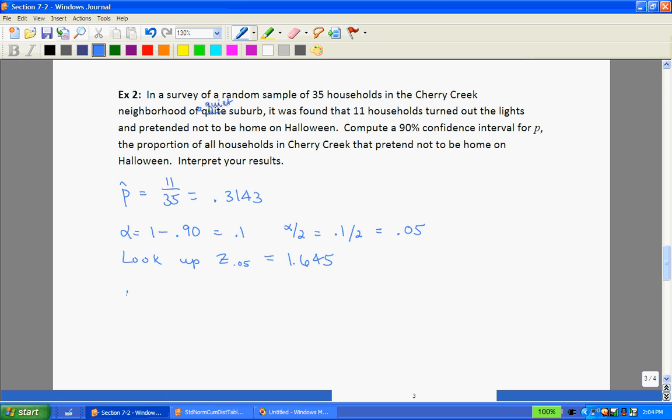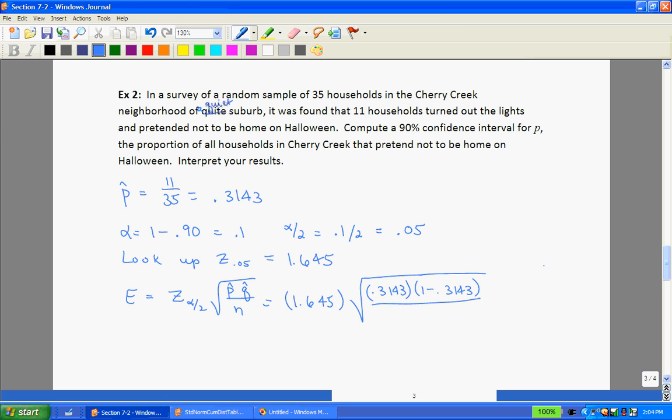Okay, now I need to find my margin of error E, which is Z sub alpha over 2, square root of P hat, Q hat over N. We found Z sub alpha over 2 to be 1.645. And we're going to multiply that by 0.3143 for P hat. 1 minus 0.3143 if you want to think of it that way for Q hat.